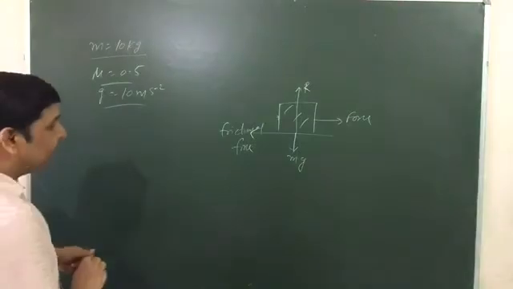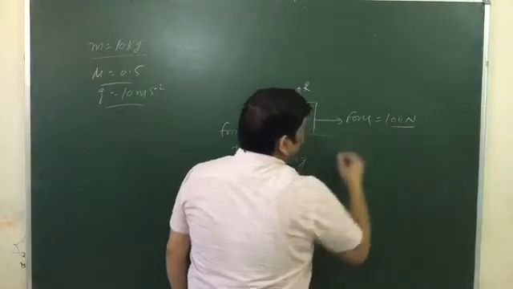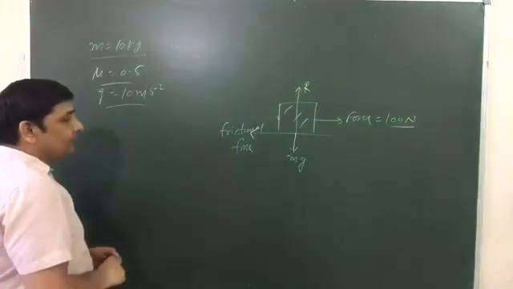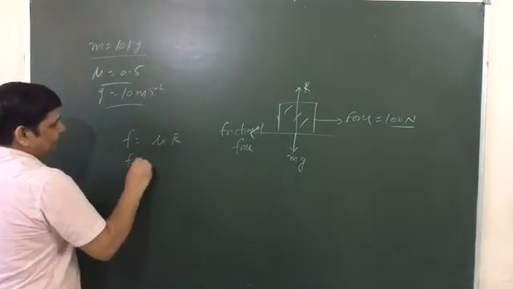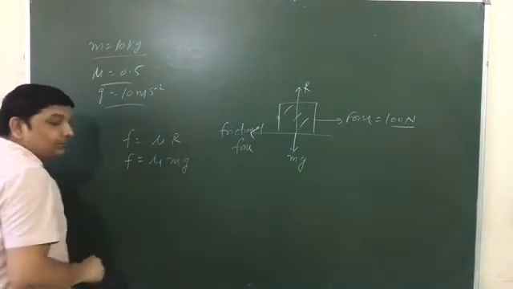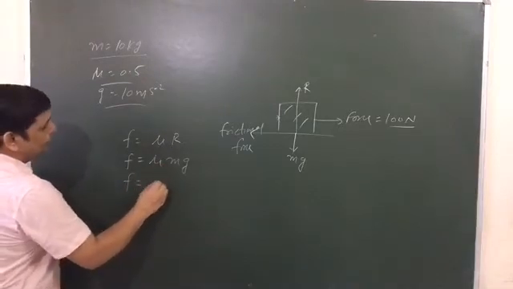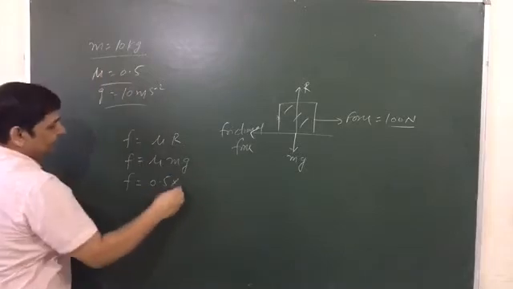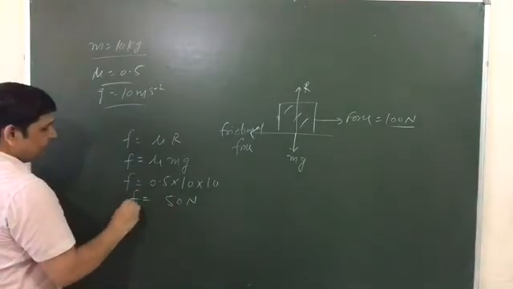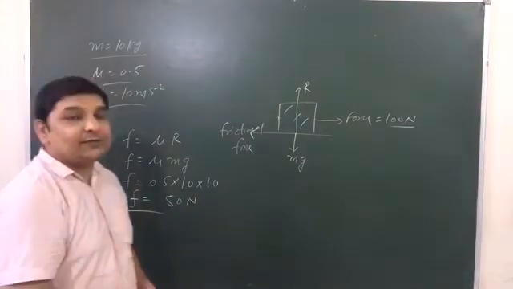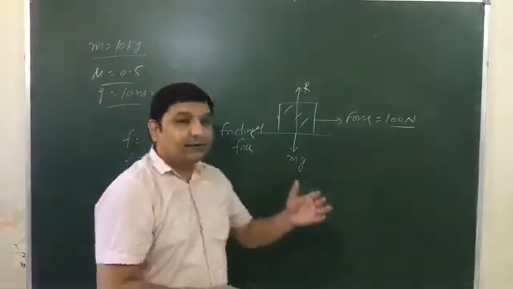In this case, the applied force is 100 Newton, and frictional force is given by mu R, that is mu mg. Mu is 0.5, mass is 10 kilogram and g is 10, therefore 50 Newton. Therefore, frictional force is 50 Newton and applied force is 100 Newton.